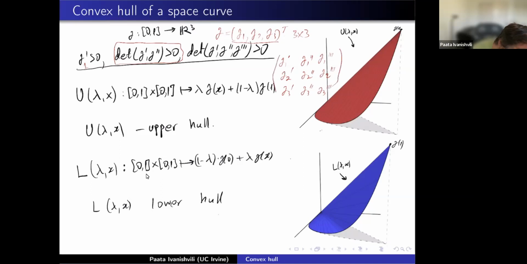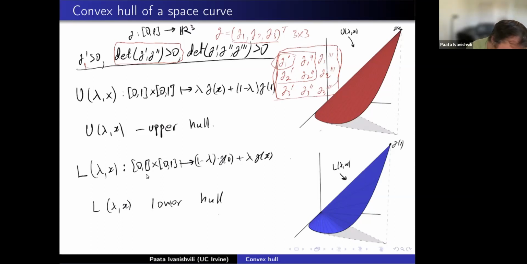Thinking about this 3 by 3 matrix, what I want to assume is that the first 3 leading principal minors are positive. So I'm assuming that this derivative is positive, that the determinant of this matrix is positive, and that the determinant of the whole matrix is positive. Let's make these assumptions on the curve. So that's what I wanted to write here.